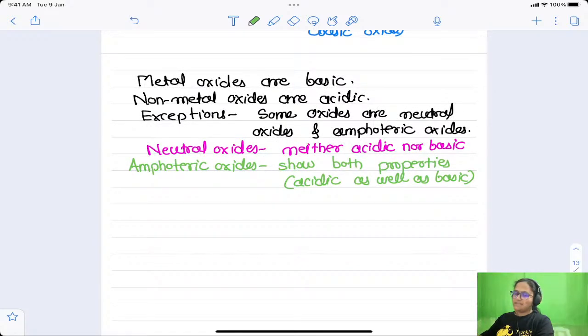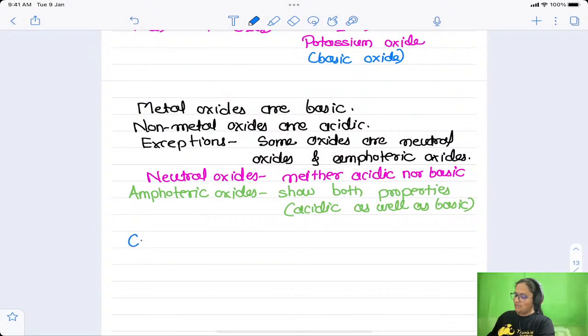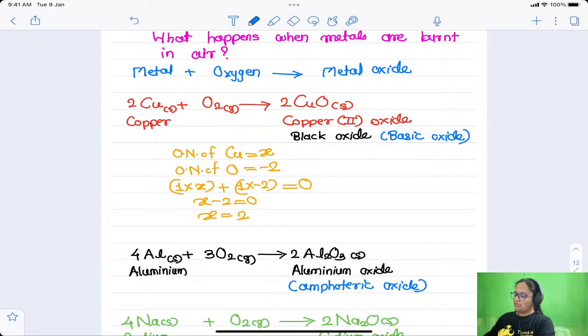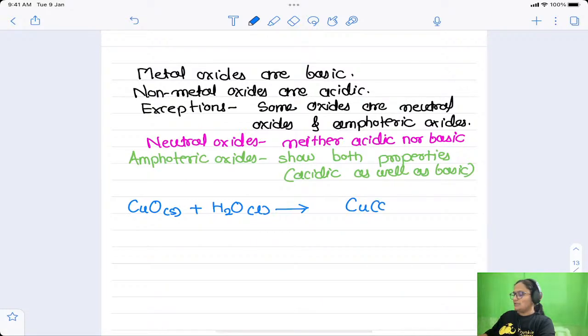Now let us see the examples which I have given to you here. First of all, let us write down about CuO, copper oxide. Can you see this reaction? Now copper oxide is a solid substance. When I dissolve it in water, what will I get? I will get Cu(OH)2, which is called copper hydroxide.